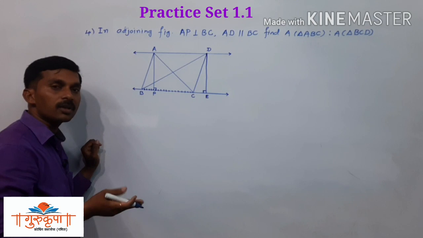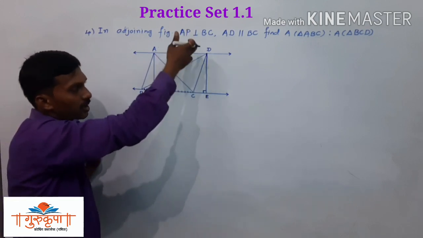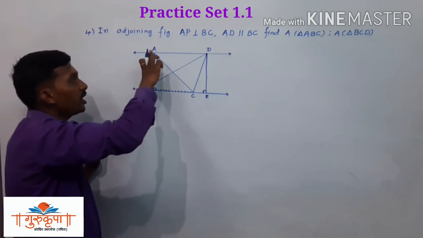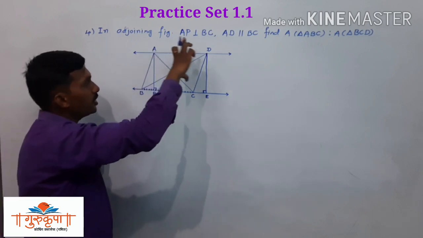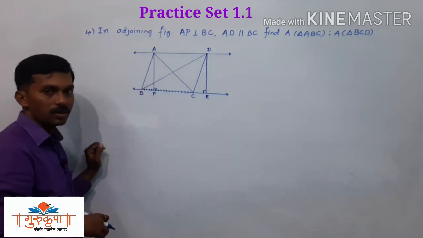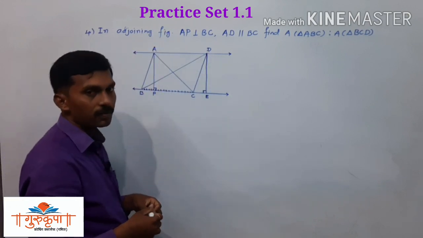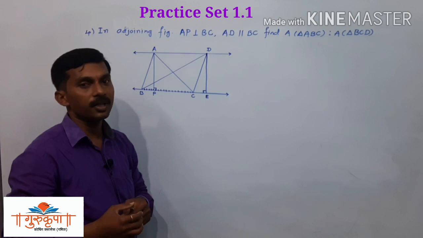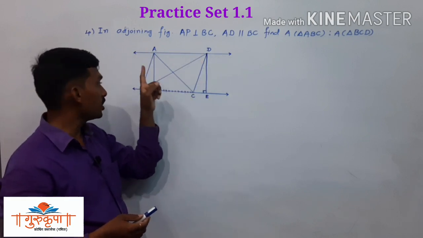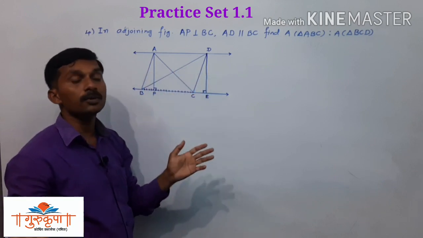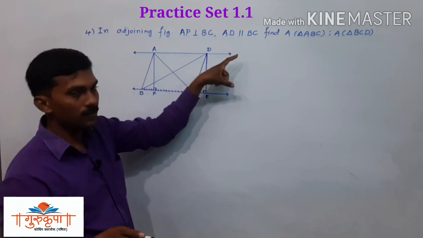Actually, there is no need to draw that height. It is not necessary to plot that segment, because you can say that AP is also the height of triangle BCD, since AP is equal to DE. Why is AP equal to DE? We have to give the reason. Since AP and DE are both perpendicular distances between the two parallel lines.